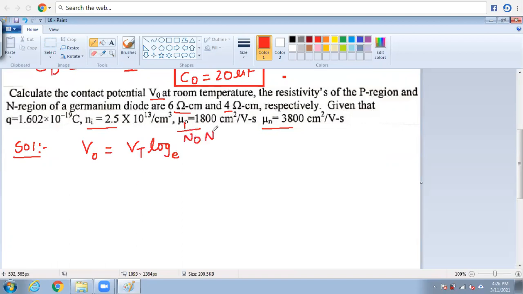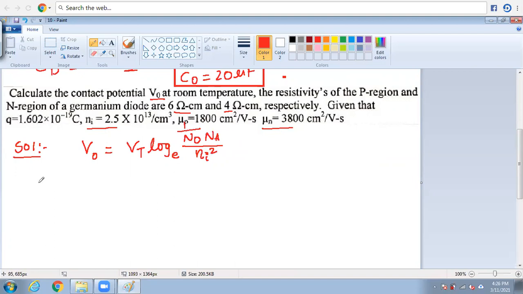Now we have to find the ND value and Na value with the help of mu P, mu N and the resistivity values.